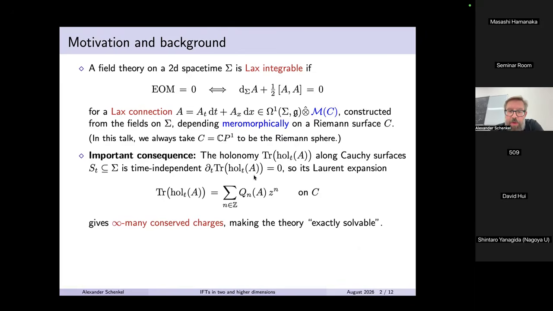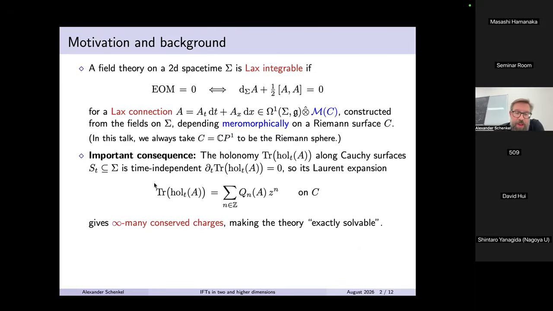So the time derivative of the trace of the holonomy is zero. What you get is a time-independent quantity, which however also depends meromorphically on the Riemann surface. What you can now do is a Laurent expansion on the surface and thereby get a tower of infinitely many conserved charges. Conserved in the sense that they are time independent, because this holds true for the whole holonomy.